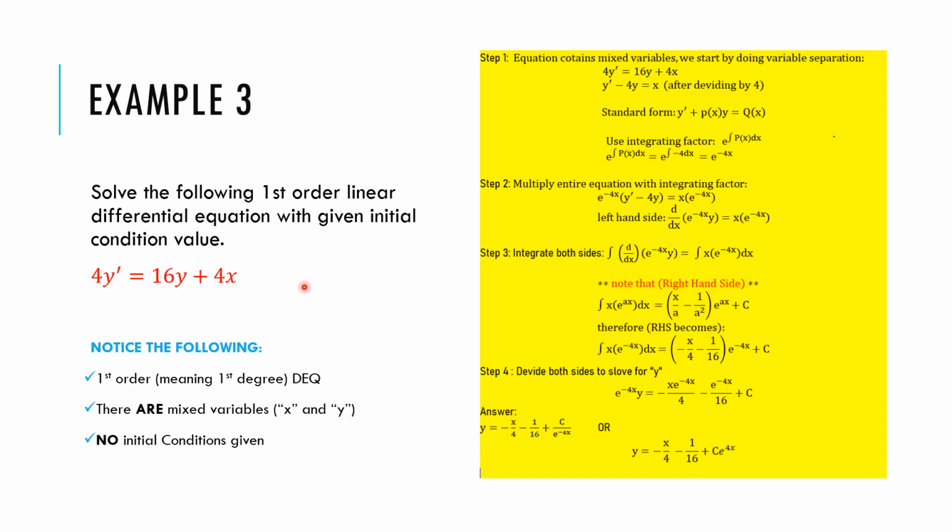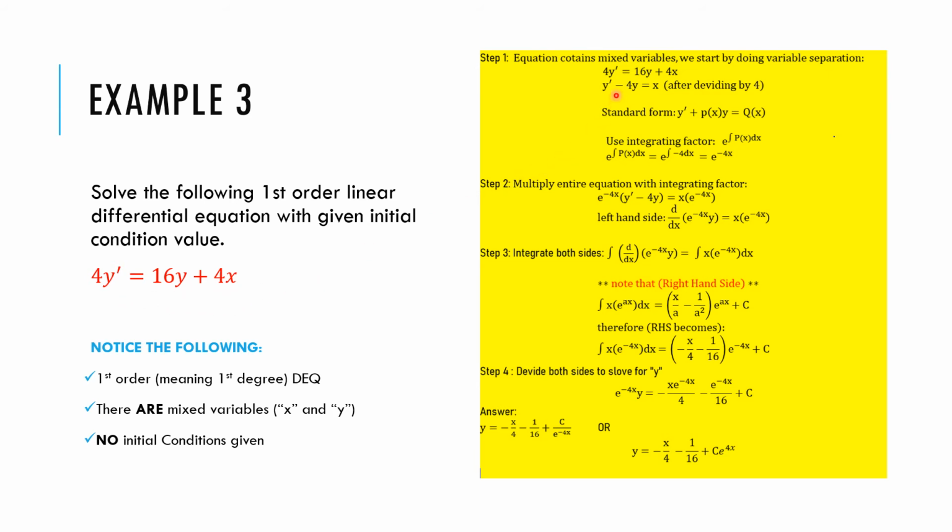So much like the second example, the first thing that we will have to do is what is called variable separation. And actually, before we even do the variable separation, the best thing that you would probably do to keep things much easier is divide through by 4, simplify this equation, and then we can do variable separation.